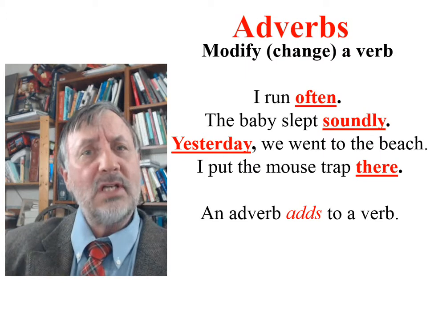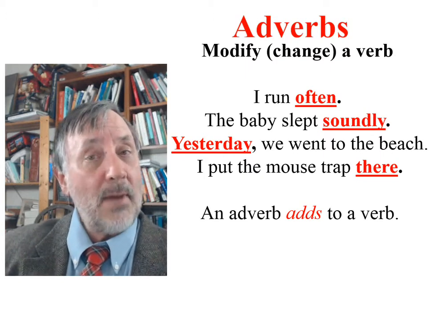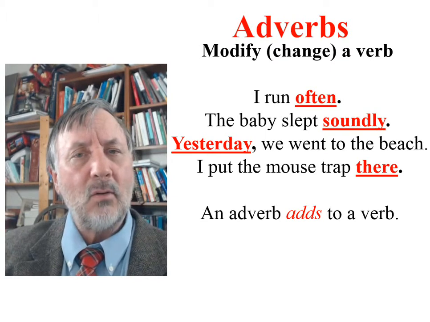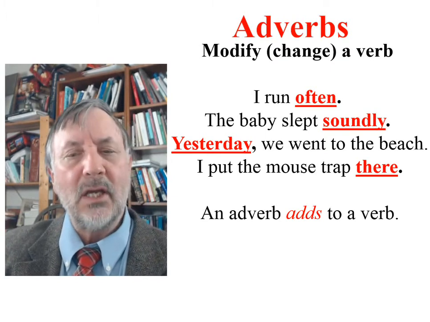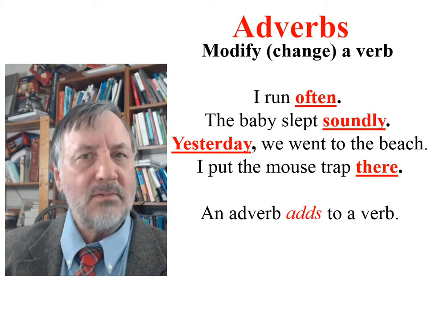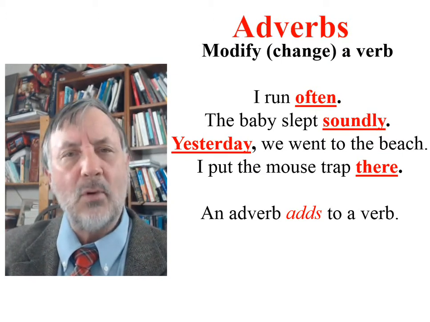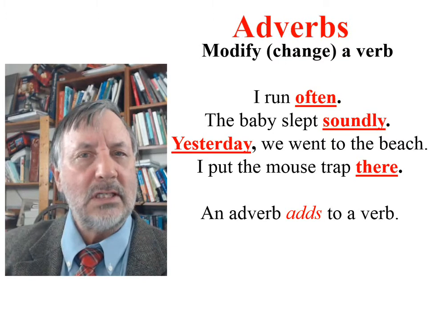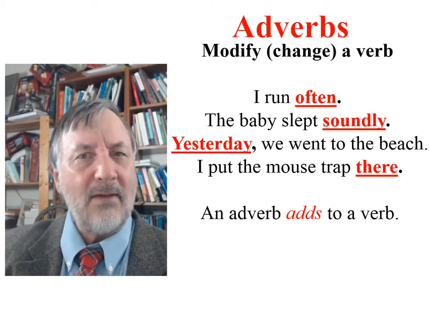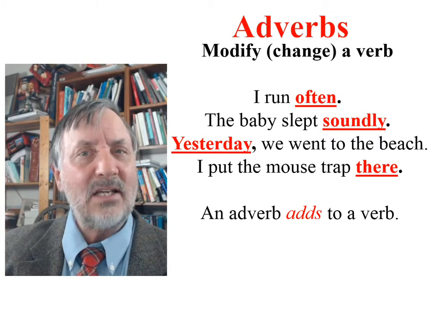Adverbs also tell us when, or I put the mousetrap there. See, it also tells us where with words like there. Okay, so a mnemonic device, mnemonic comes from a Greek word that means memory. A mnemonic device to help you differentiate, if you have problems, between an adjective and an adverb is that the adverb adds to the verb.